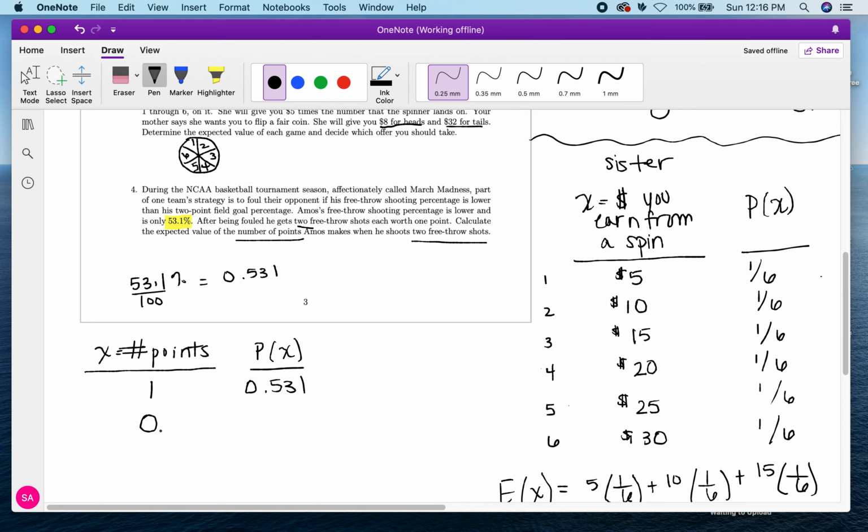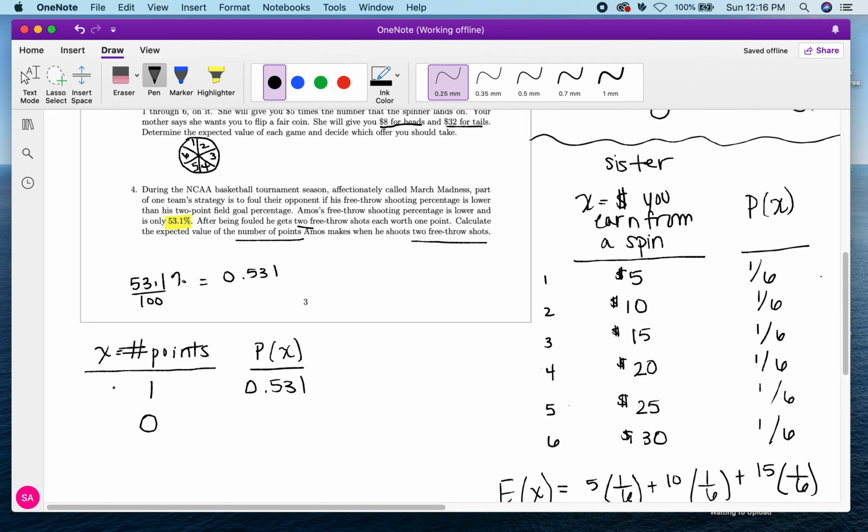So what's the probability of him not getting a point, not making a shot? Well, it's not going to be the same, right? It's not 0.531. That's the probability that he makes it. But you guys remember complements? They dealt with opposite situations. And that's basically what we're going to do here.